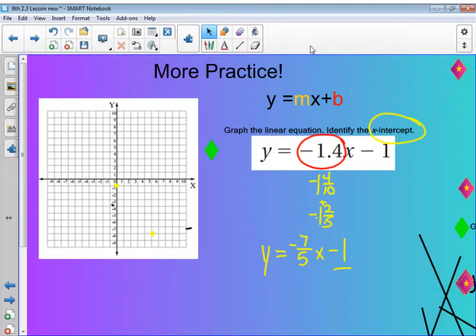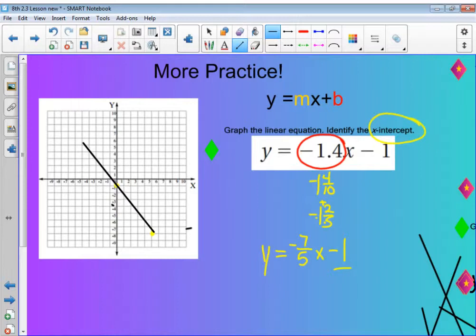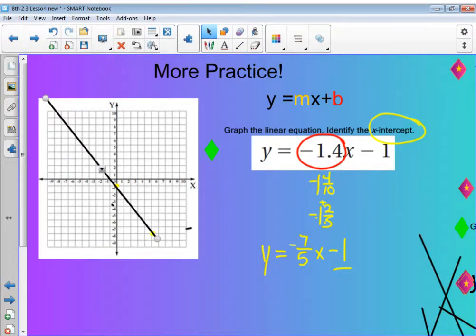Okay, so I'm going to go ahead and put my line through this. And hopefully, bear with me because I have to straighten out my line a little bit. It should fall through one of my numbers there on the x. Okay, so when I look at this, here's where it's crossing the x.